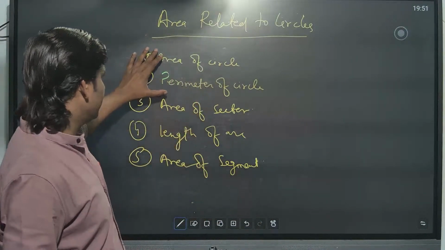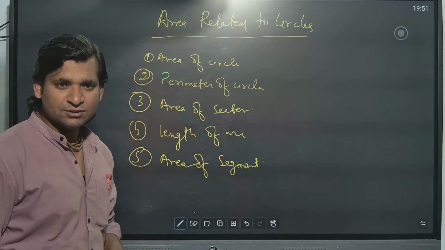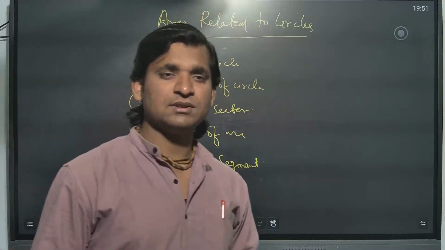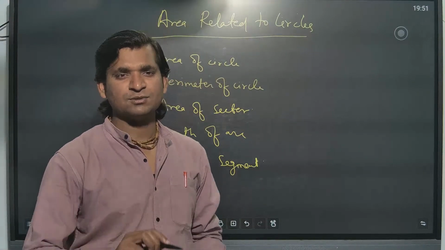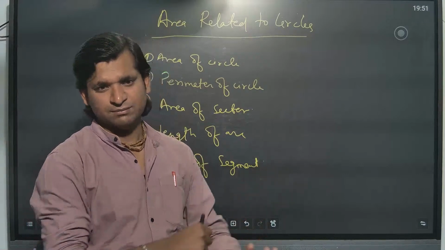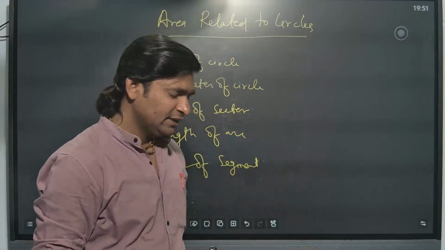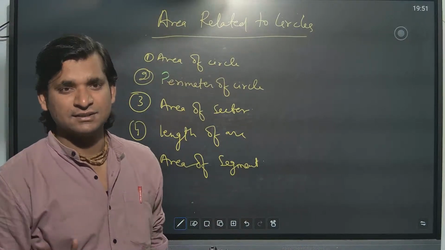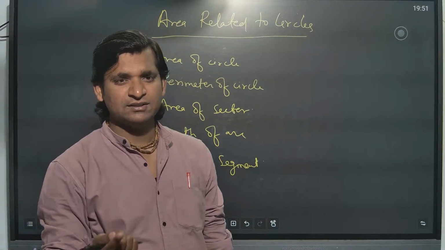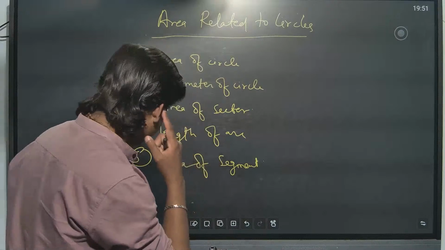So all these formulas are utilized to solve the 5 marks questions. One 5 marks question is from this chapter also. If it is not 5 marks, it should be a case study.